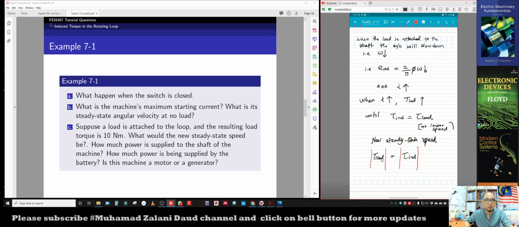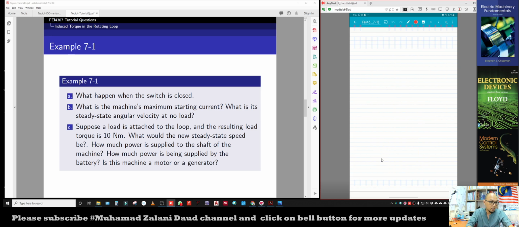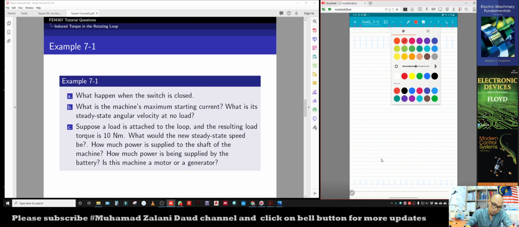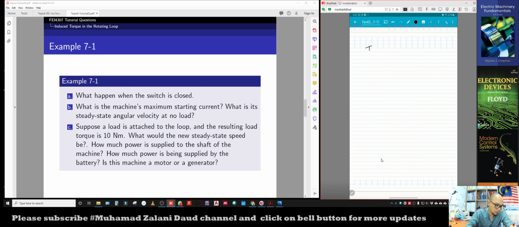Is it the same direction or in the reverse direction? So that's why I'm using that absolute value of torque induced. But we know that the load torque is now the same as the torque induced. Okay, so you can rewrite it like this.